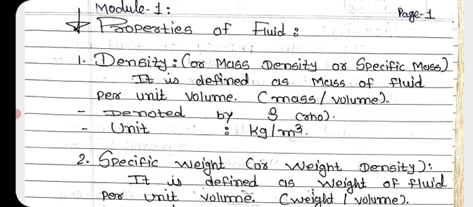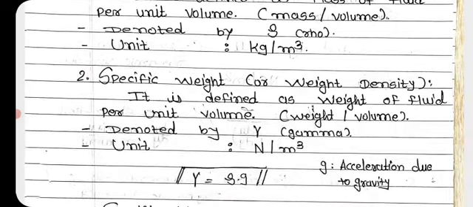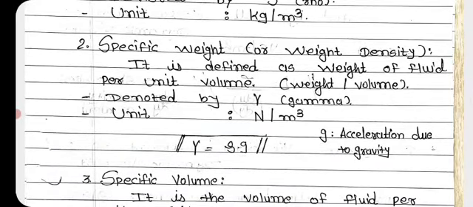Okay. Specific weight, or we can say weight density. Weight density is defined as a weight of fluid per unit volume. So in density we are using mass per volume. In specific weight, weight per volume. Very simple. So weight unit is Newton.